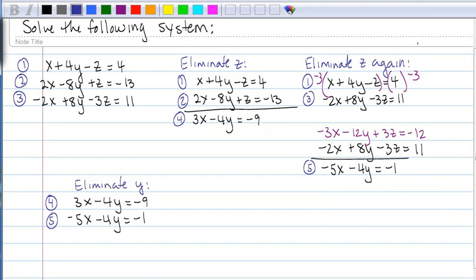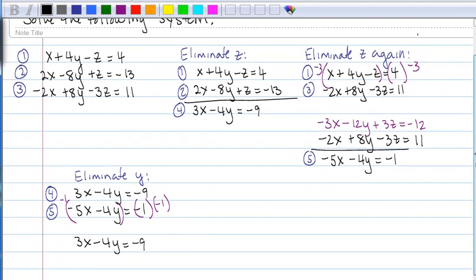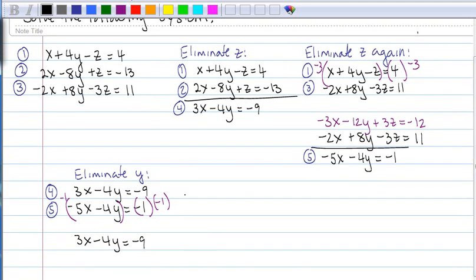So to eliminate y, I'm going to multiply one of these by negative 1. Maybe the second equation. And if I multiply one side by negative 1, I better multiply the other side by negative 1 so I don't change the equation. And let's rewrite the first equation and not change it. For the second equation, I'm going to go ahead and multiply everything by negative 1 to get a 5x.